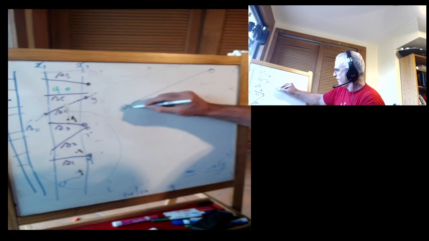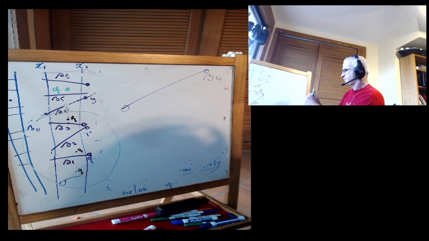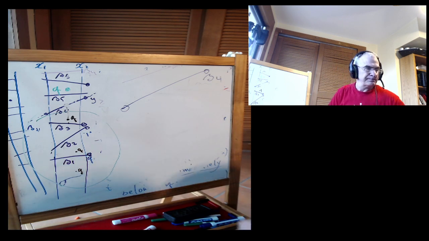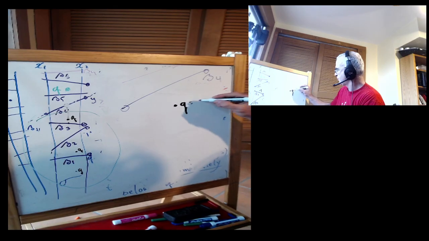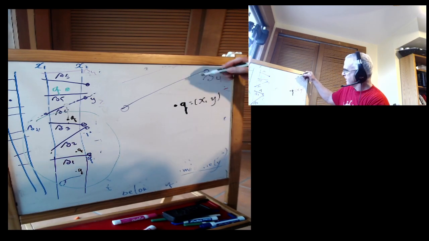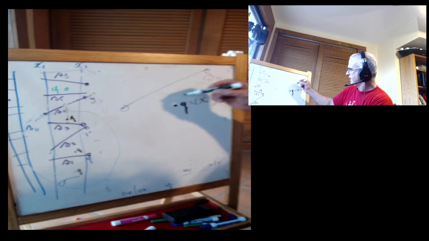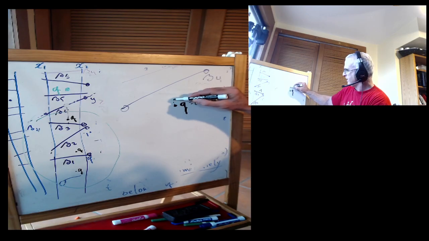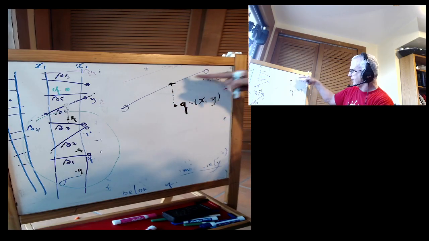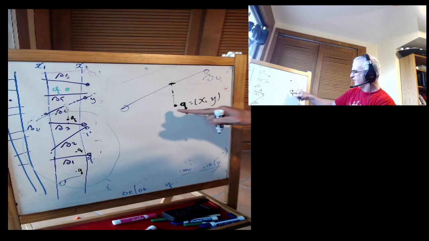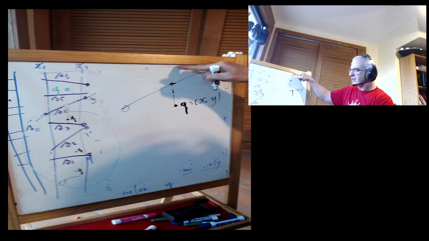Here is S4 zoomed in. Here is Q, with coordinates X, Y. To have Q below S4 means that at the X coordinate of Q, we compare the y coordinate of the line through the segment versus the y coordinate of Q. Is Q below or is Q above?